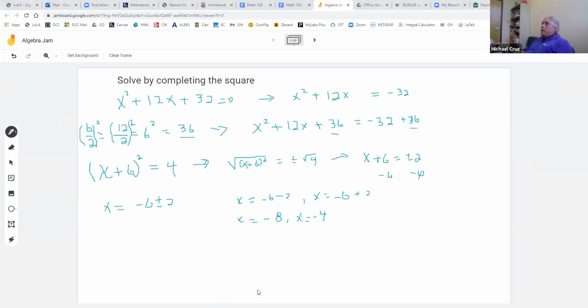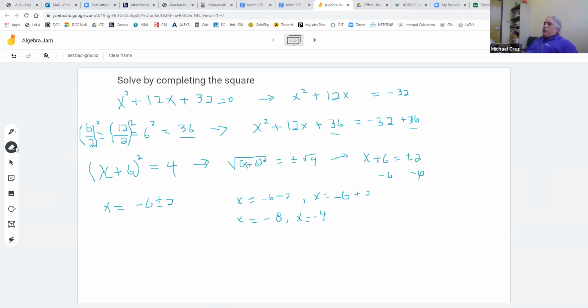Actually, they're not doing full blown completing the square. They just want to ask us the number that makes it a perfect square. And so that's this part here, but let's go ahead and erase this. Two x plus 2x.